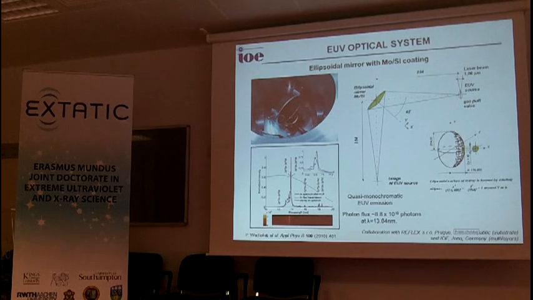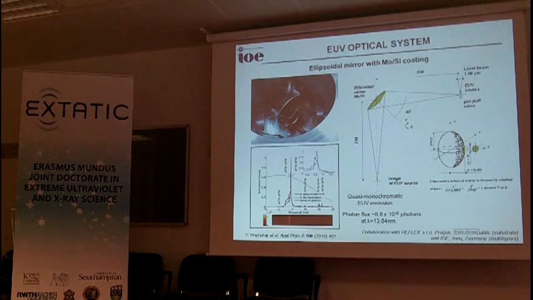And we are using an argon gas puff target, and in the argon plasma there are several lines, and one line is exactly at 13.8. Using this multilayer mirror, we select the single line. So we have a quasi-monochromatic emission in practically one line. There are two lines, but they are almost together.